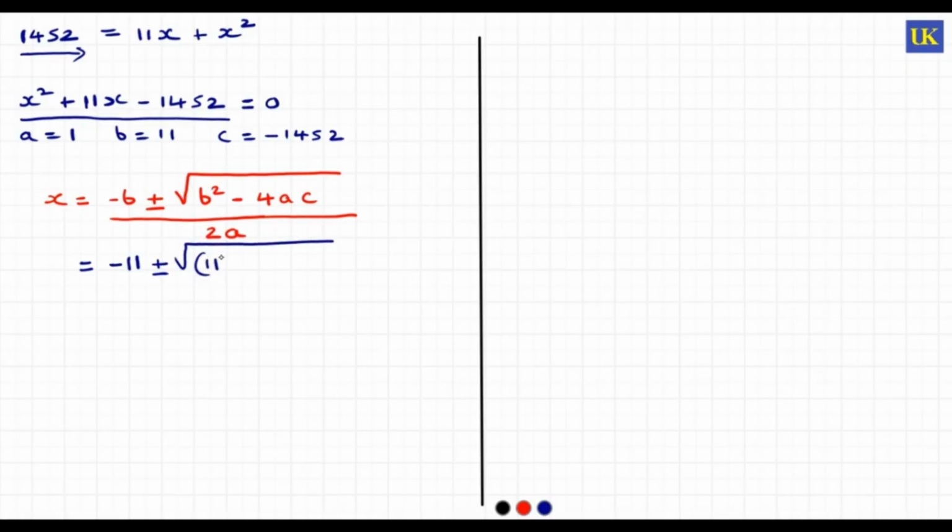So 11 square minus 4, a value is 1 and c value is minus 1452. Alright. Divided by 2 into a value, which is how much? 1. So I will write 1. Now we will solve this further.